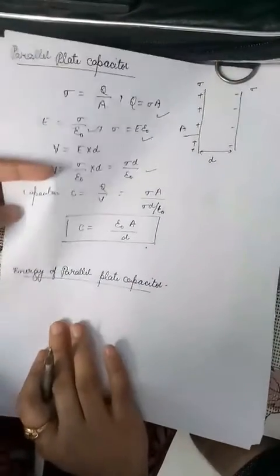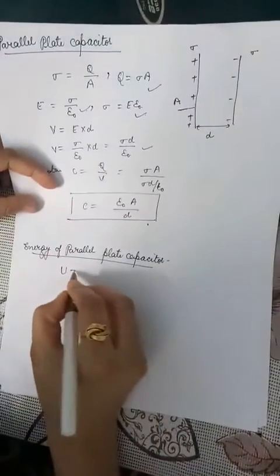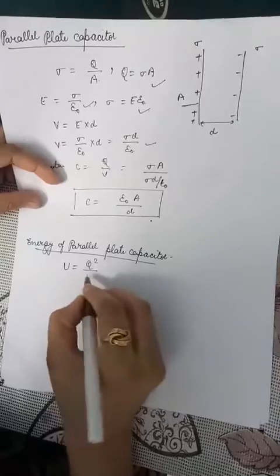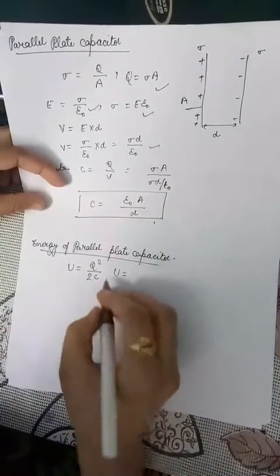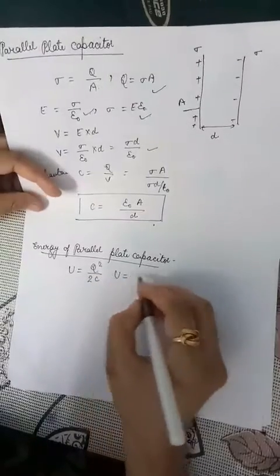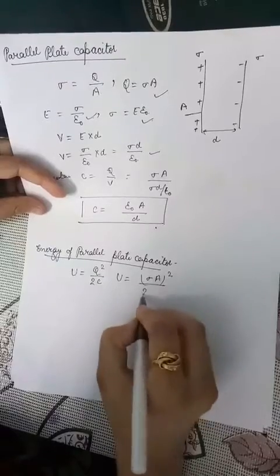If we have to find the energy of the parallel plates, U is equal to Q square over 2C. So U is equal to, we know the value of Q, sigma A, whole square over 2.